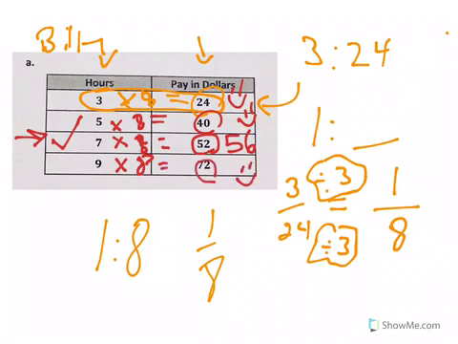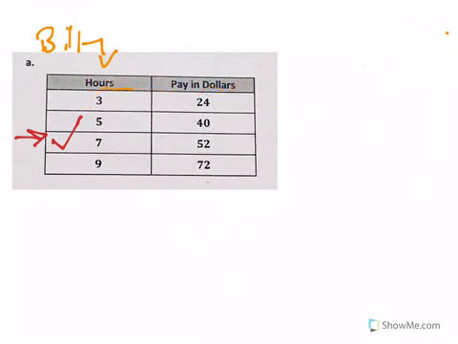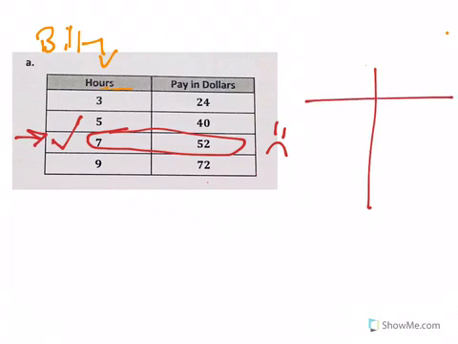So three of the four rows are correct, but we've got a big problem here. This is incorrect. And if we were to rewrite the table and make it correct, we can do that real quick actually.